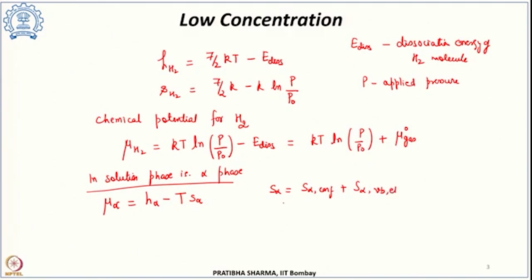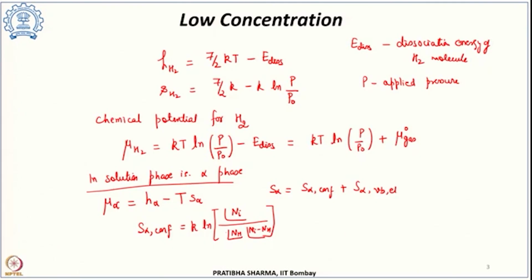Now this configurational entropy arises because there are interstitial sites onto which hydrogen atoms can be allocated. Let us say there are Ni interstitial sites and Nh atoms to be arranged in them. In that case we can write this configurational entropy as k ln of Ni factorial over Nh factorial over (Ni minus Nh) factorial.